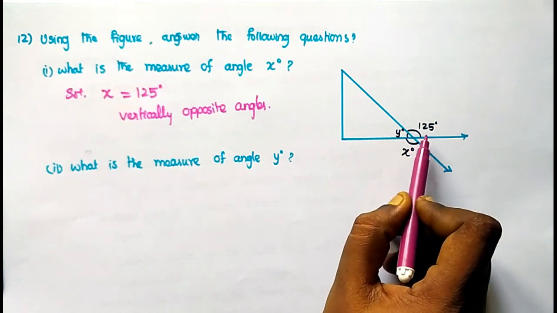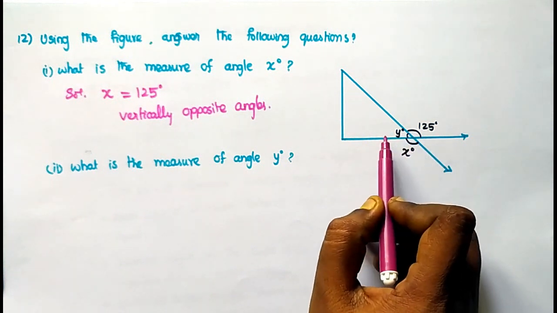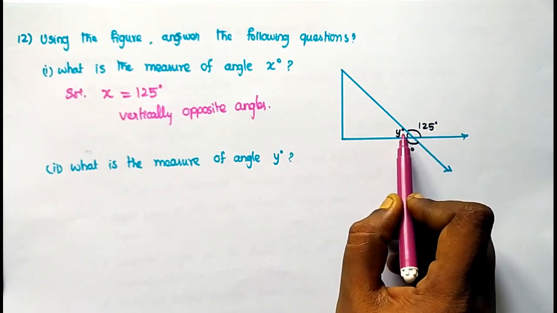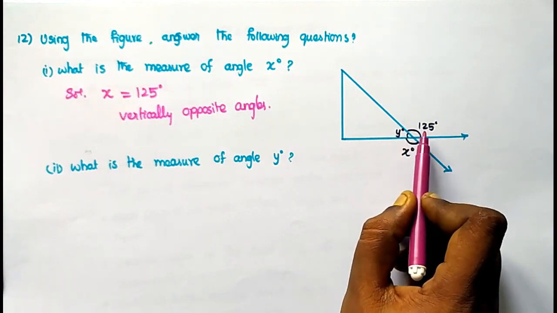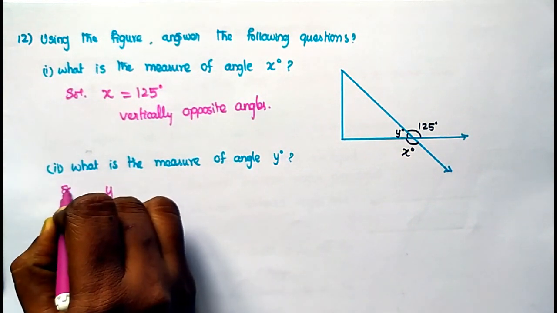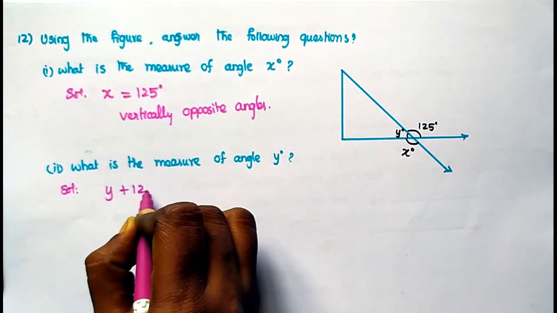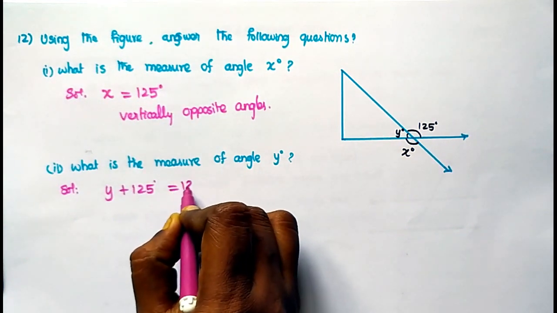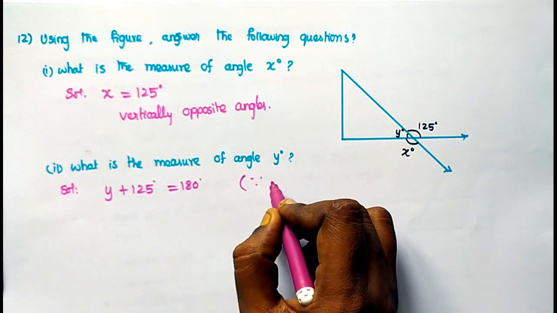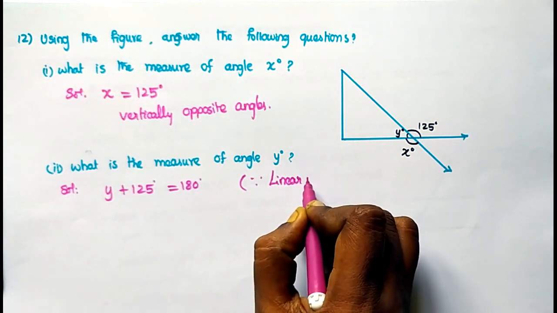Next one, what is the measure of angle y? Listen to this one, y and 125 are a linear pair. So we add these, we get 180. y plus 125 equal to 180 degree, since it is a linear pair.